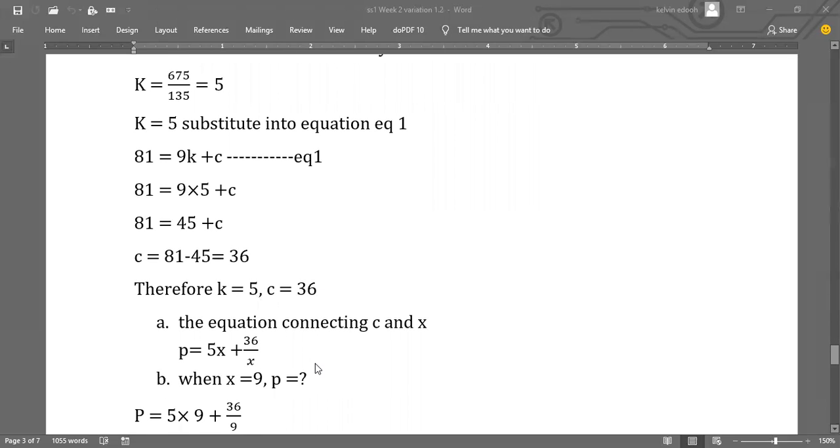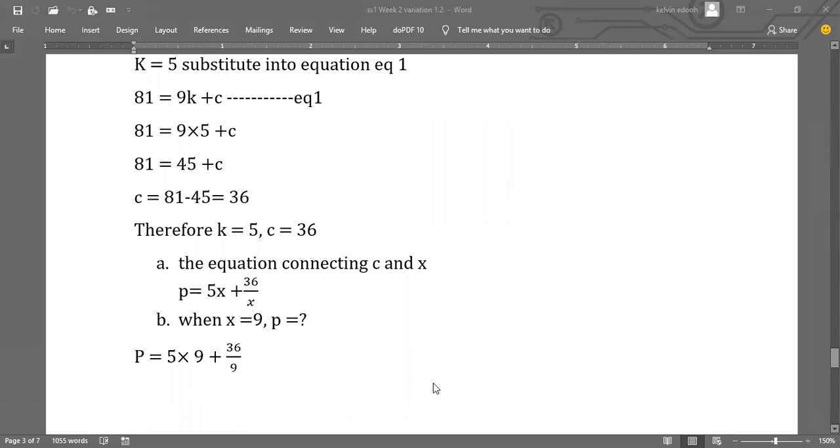The next thing now is to write the equation out. Let me write it out again. We have this equation that P is equal to Kx plus c all over x.